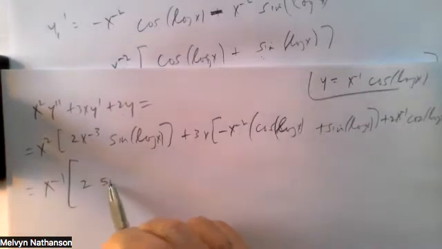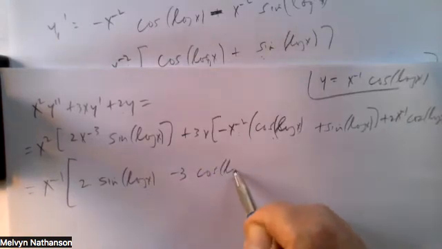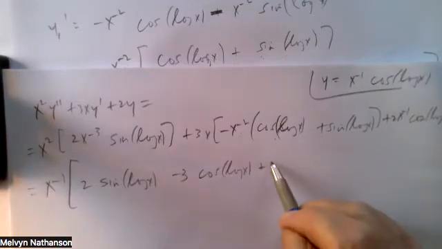And I'm left with 2 times the sine of log x minus 3 times the cosine of log x plus minus 3 times the sine of log x plus 2 times the cosine of log x.